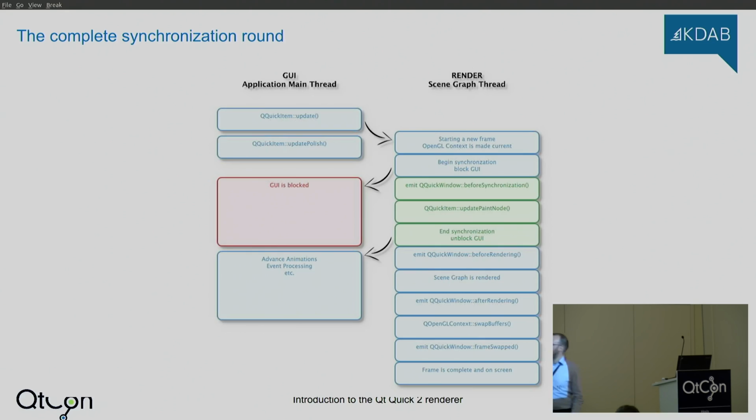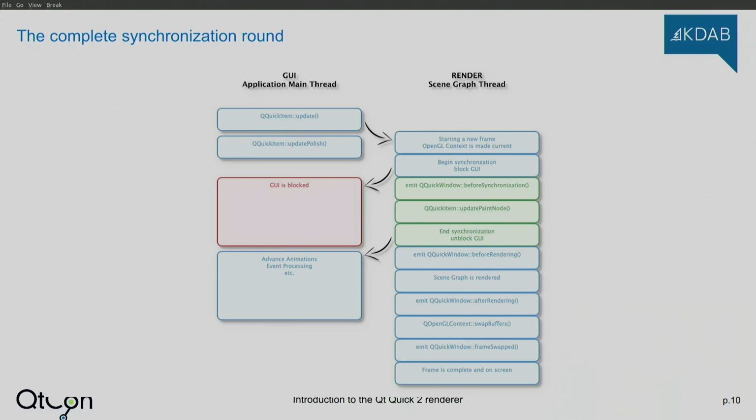Just as before. But in the middle, you may notice there are a few emit keywords. So a signal is emitted before starting this process, after this synchronization is done, and so on. You get many emit signals. And we can listen to any of these signals and intervene at any stage of this process.